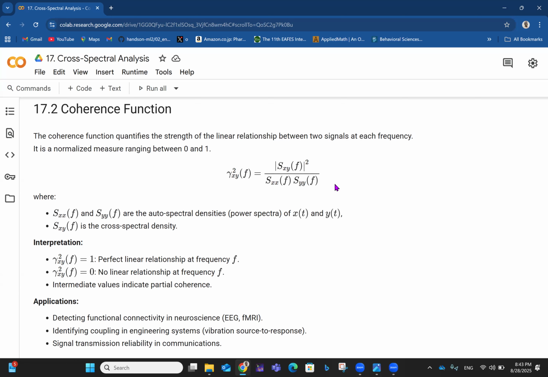This gives some idea close to covariance. Here S xx of f and S yy of f are the autospectral densities, the power spectra of x of t and y of t respectively, and S xy of f is the cross-spectral density between x and y.